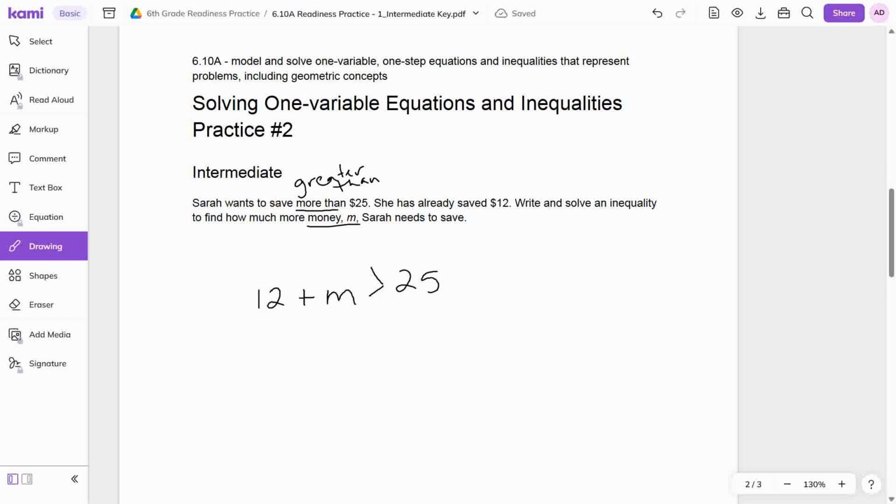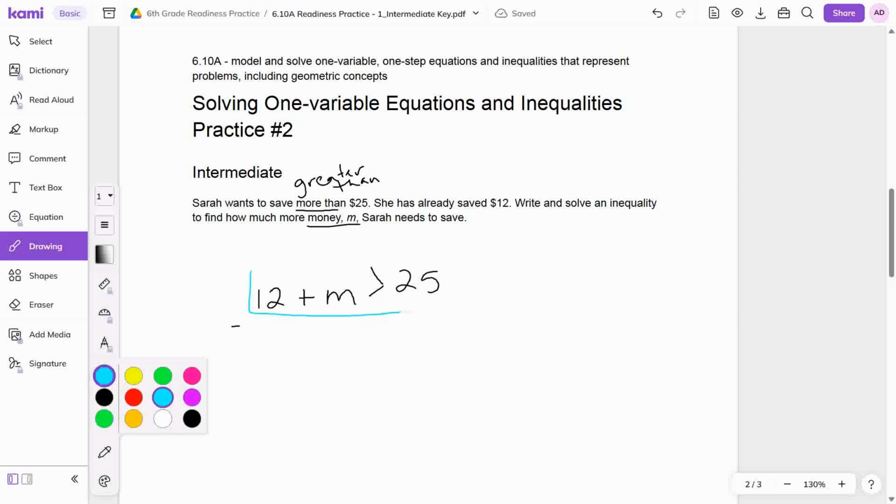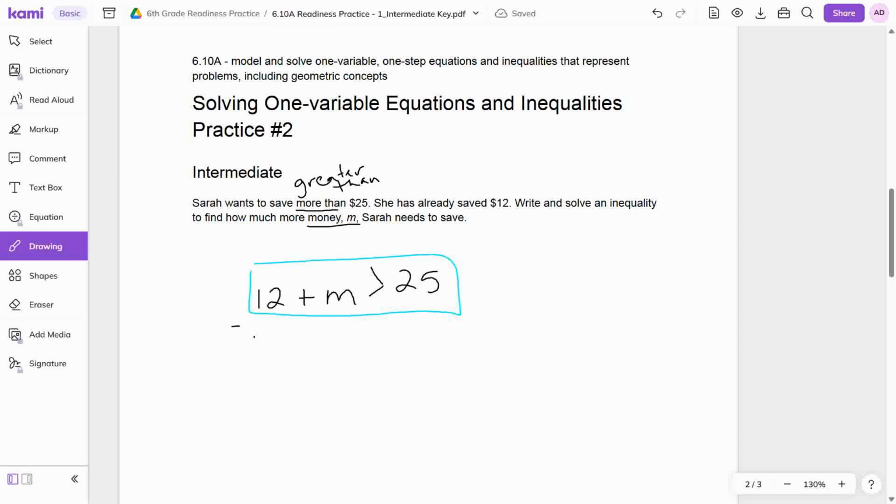Okay, so we can do the same thing. We can write an inequality. So let's go ahead and put this one first. Now we can use our properties of equality, right? What we could do is subtract 12 from both sides, and we get m needs to be greater than 13, right?